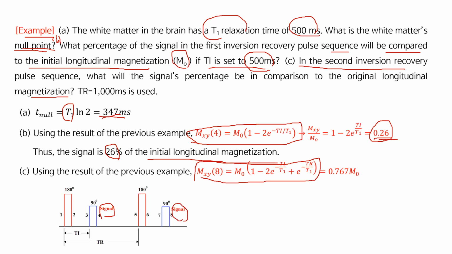So the second signal. This is the first signal expression. So we can get this number. So about 67% of the original magnetization.